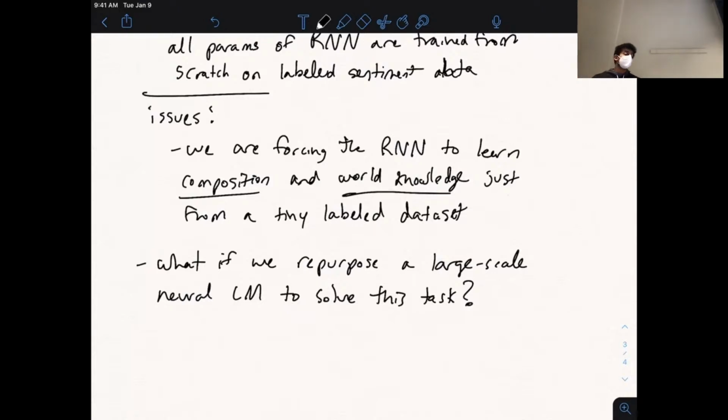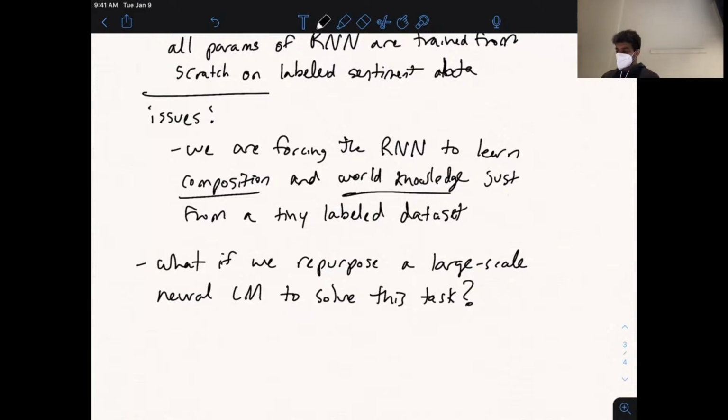This is actually a much better objective for learning composition or world knowledge than predicting whether a review is positive or negative. So if we have a language model that we've trained to predict the next word, it has a lot of information about compositionality and world knowledge. Can we actually use this model to do sentiment analysis? And if so, how do we do it?